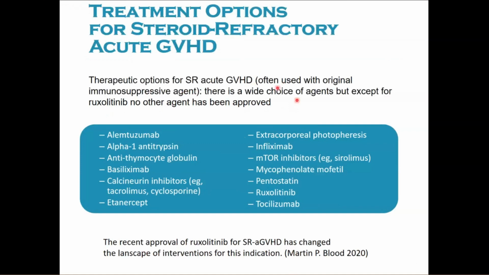There is a wide choice of agents, but except for ruxolitinib, none of the other agents has been approved. The recent approval of ruxolitinib for steroid-refractory acute GVHD has changed the landscape of interventions for this indication.